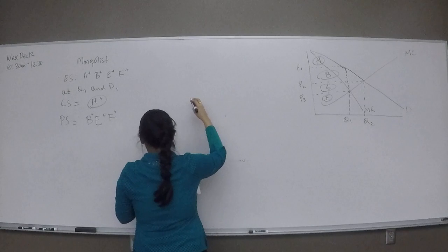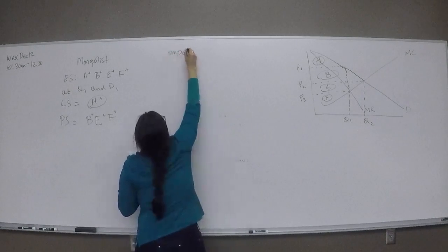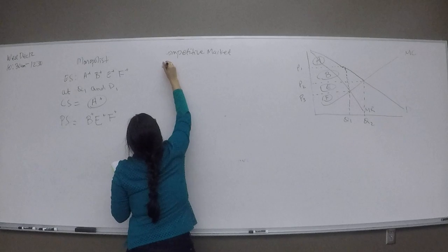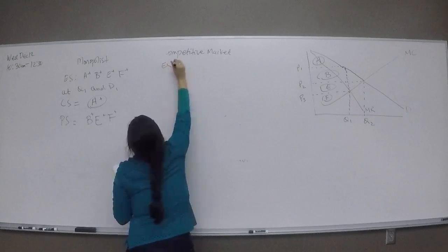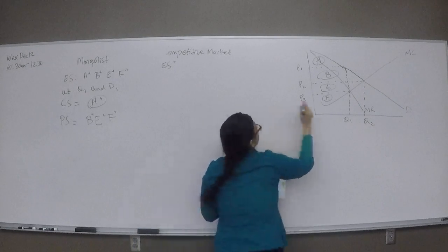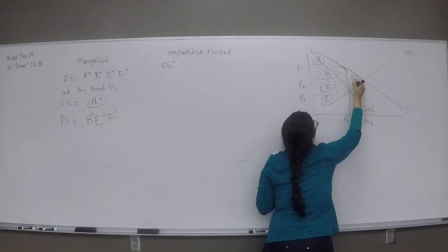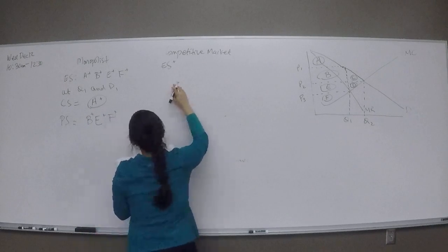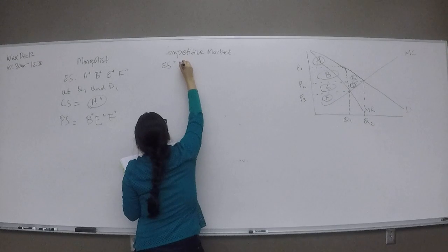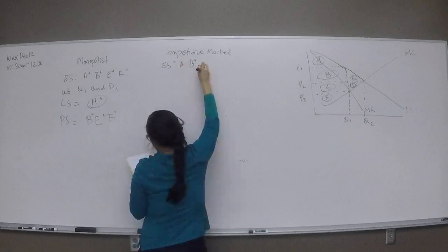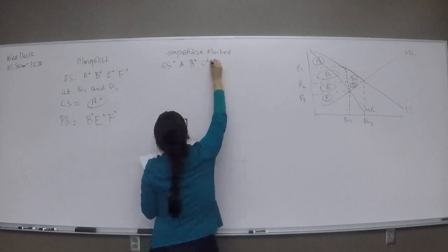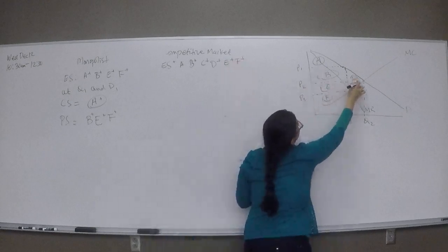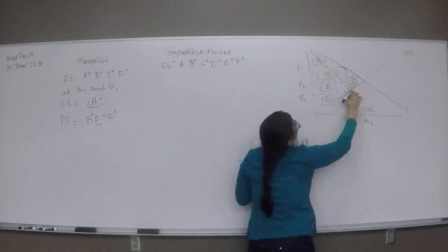Okay, now for a competitive market. For a competitive market, the economic surplus, by the way, this area is C and D. For a competitive market, the economic surplus is A, B, C, D, E, and F. So this entire region is a surplus region.